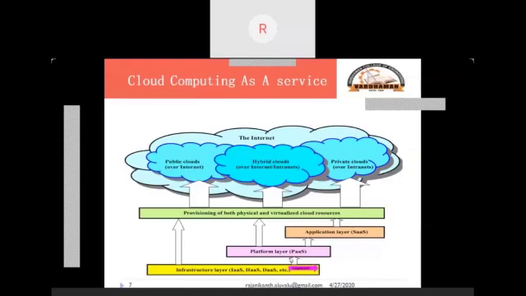So now, to reduce the operational cost of the cloud computing, the cloud computing service providers have come with the third deployment model, and they called it as a hybrid cloud. What does this hybrid cloud say? It is a combination of public cloud and private cloud.